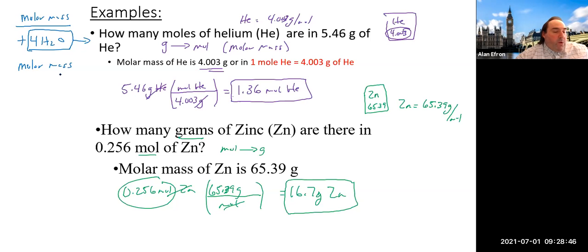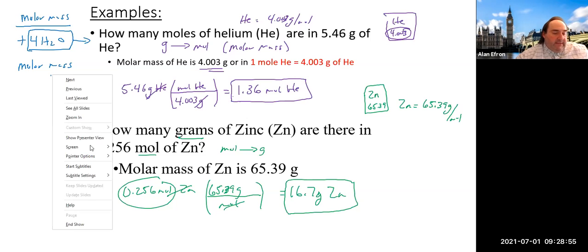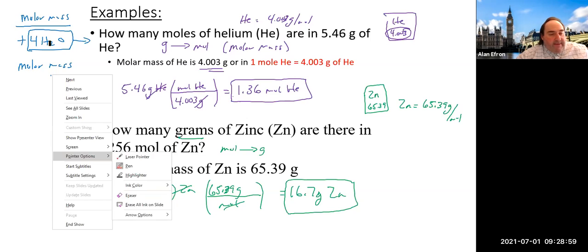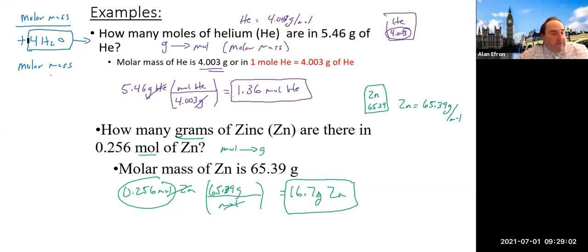So whenever you calculate the molar mass, it is really based off of 1 mole, as you can see there, how many grams there are per mole. So if you happen to have something in an equation and there's a coefficient in front of it, when you go to do the molar mass, you should really always, let's say it one more time, always do it based off of just the formula, regardless of the number that's in front.